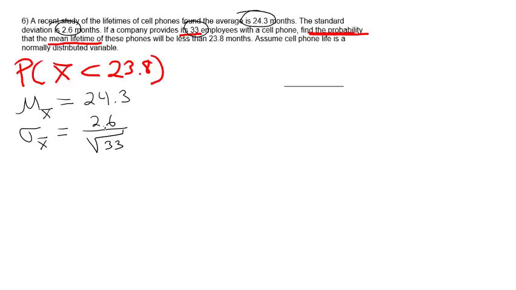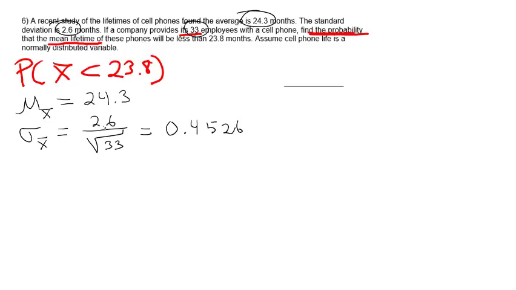When you do the math, you should get something that's equal to 0.45, I think it's 26. I wrote the numbers down here. 0.4526. Okay.